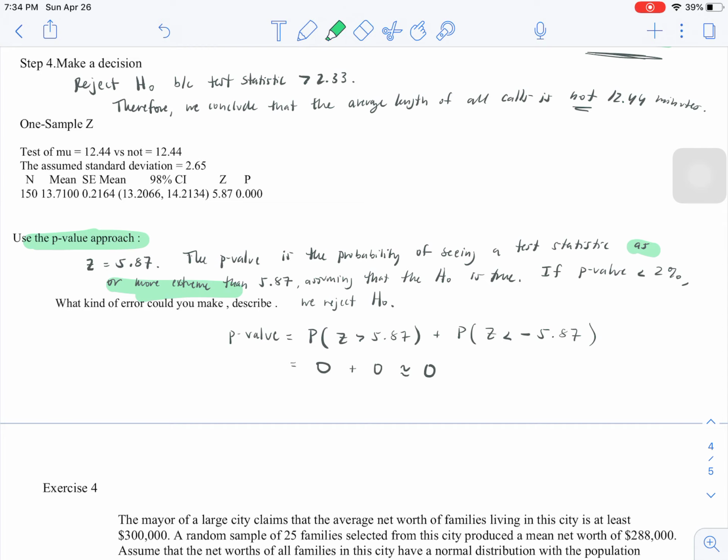So now let's make our decision. Is our p-value of 0 less than 2%? It sure is. So since the p-value is less than 2%, we should reject our null hypothesis and conclude that the population mean is not 12.44 minutes.